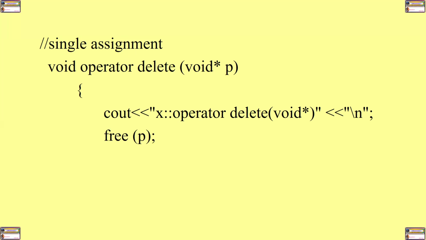we have the function called free. That, of course, is going to receive the value that has been received as P. So whatever value that has been received through the operator delete parameter will then be received as a parameter in this function called free.